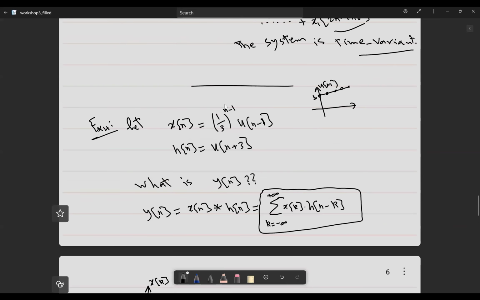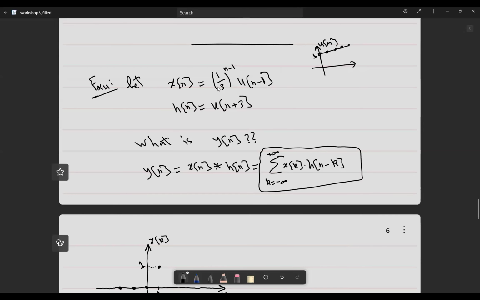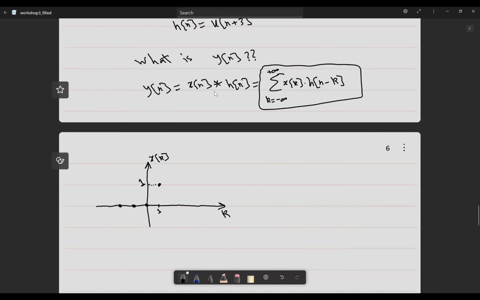Then when n equals 2, we have 1/3, then it gets smaller, 1/9, and so on.